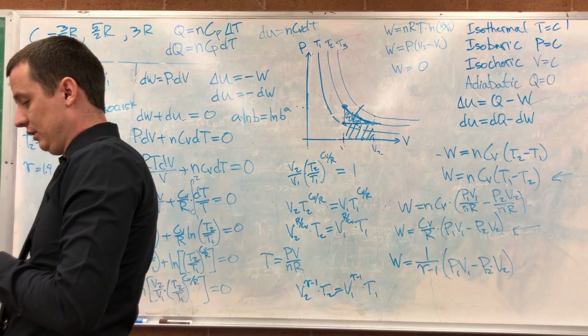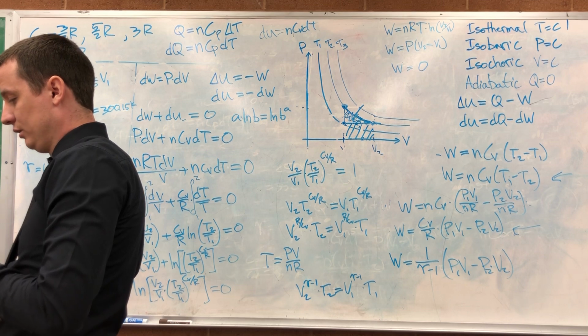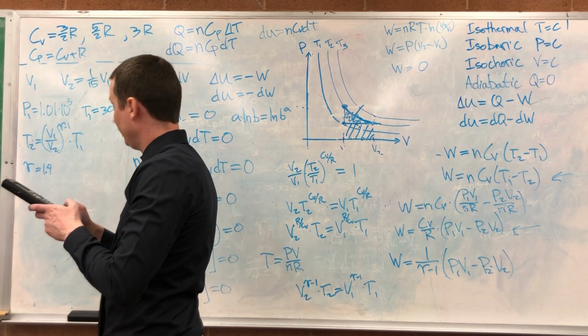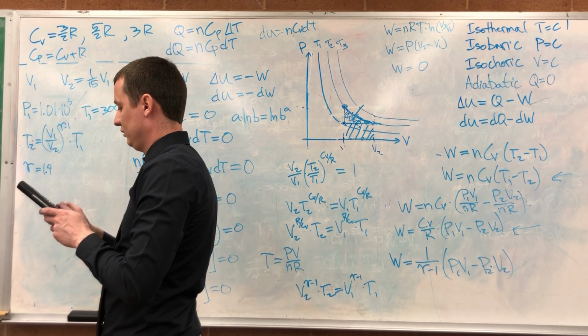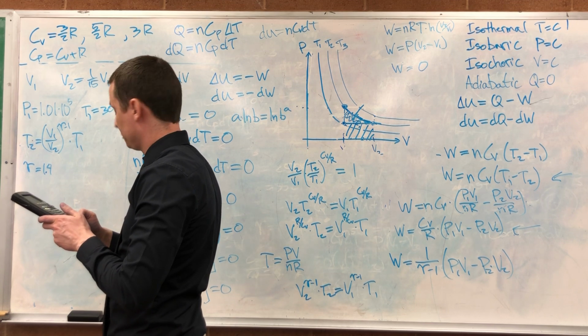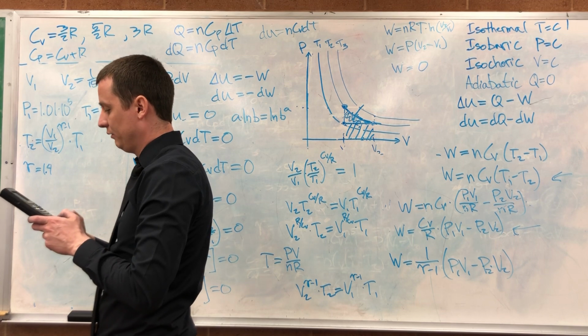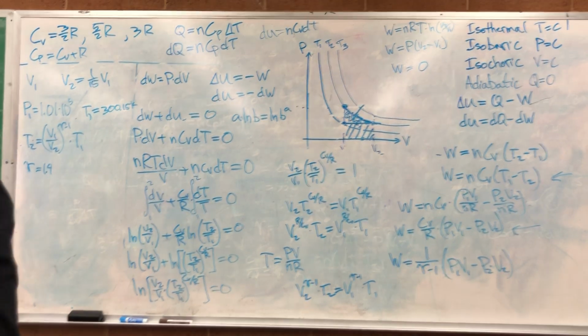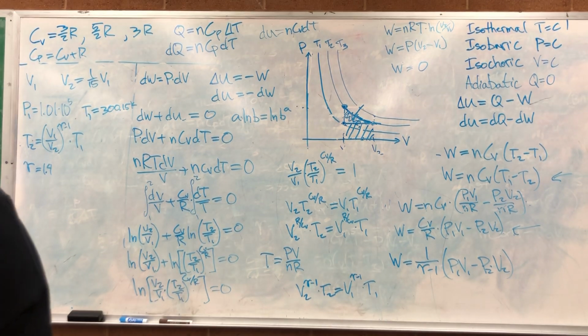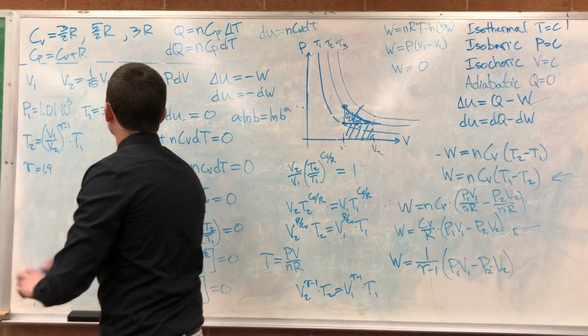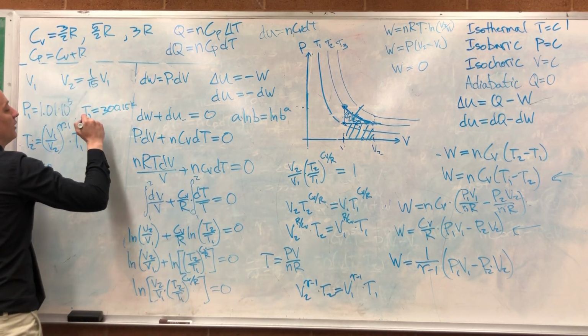So 15 to the power of 0.4 times 300.15 gives us our final temperature in Kelvin. And now I need a minus 273.15 if we want to get back in Celsius, and we get roughly 614 degrees Celsius. He has 613 when he rounds it, so he has a rounding difference here.